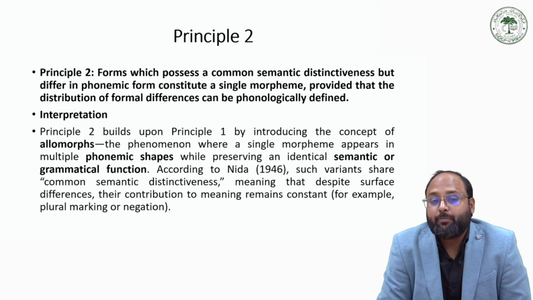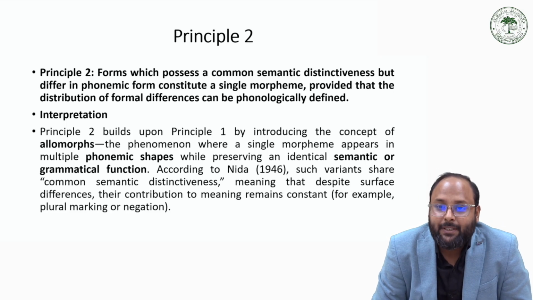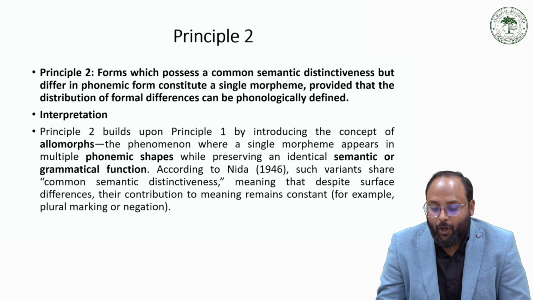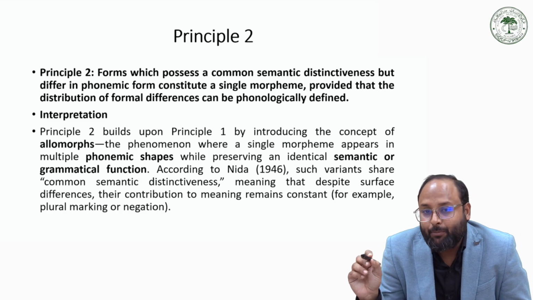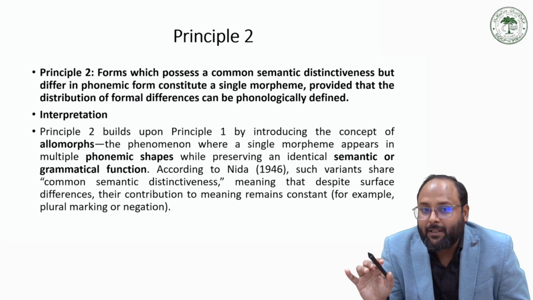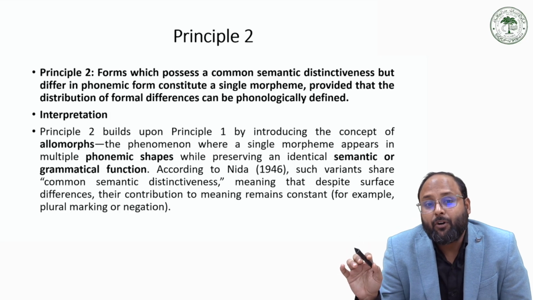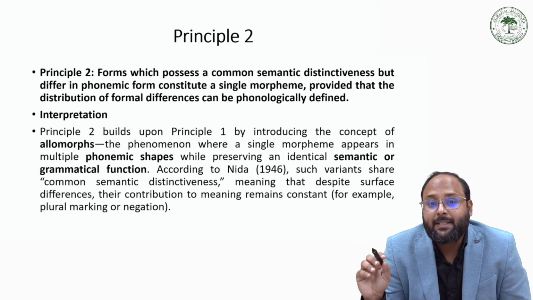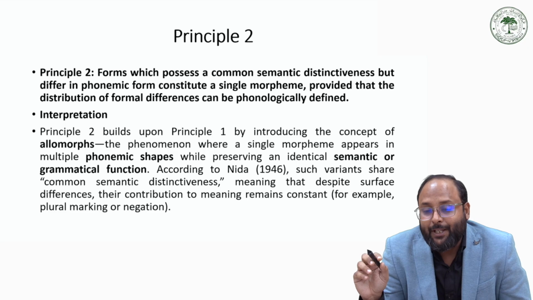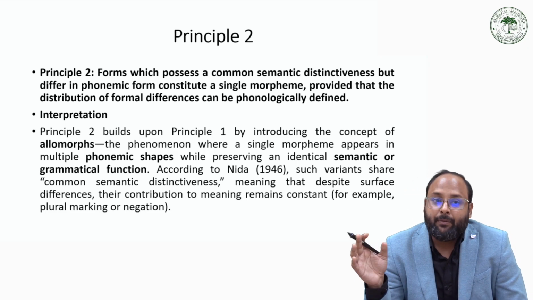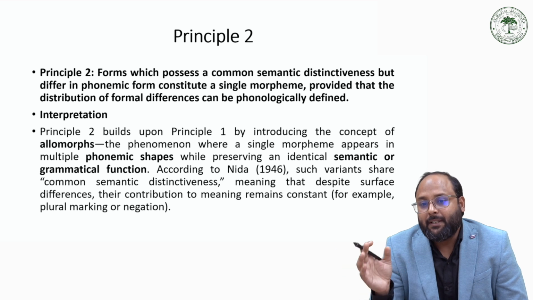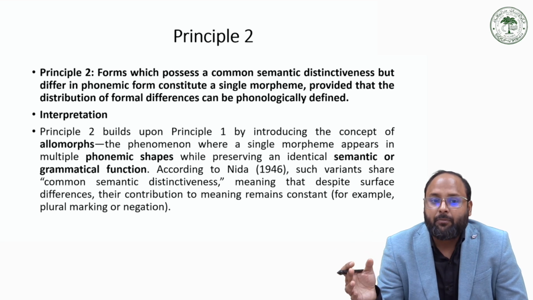Now come to principle two. Principle two means the forms which possess a common semantic distinctiveness, that is, the forms give the same meaning but differ in phonemic form, constitute a single morpheme. That means the form might differ, so there we have some allomorphic variation.